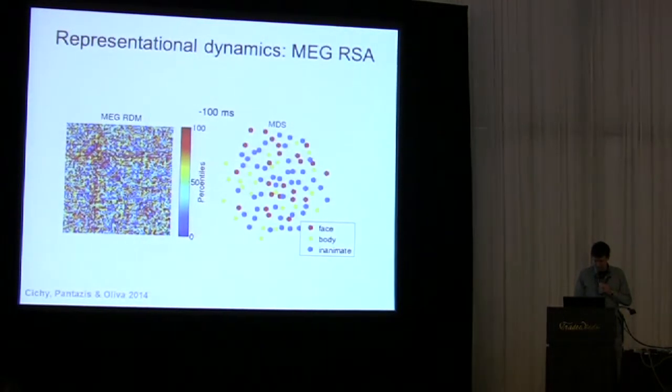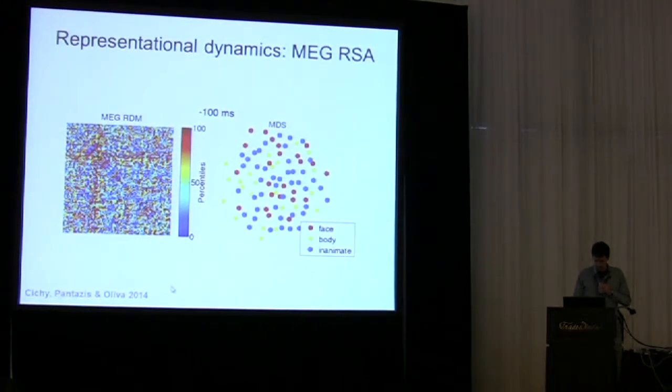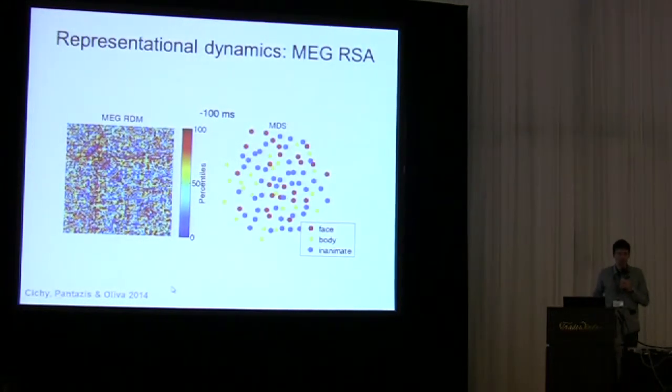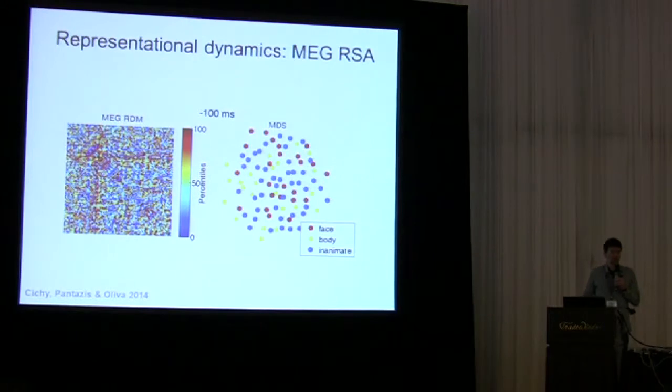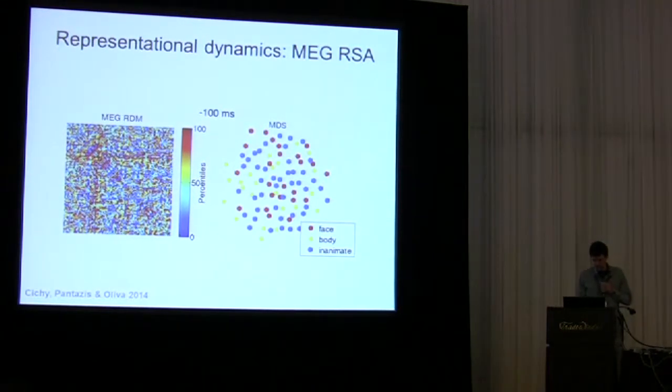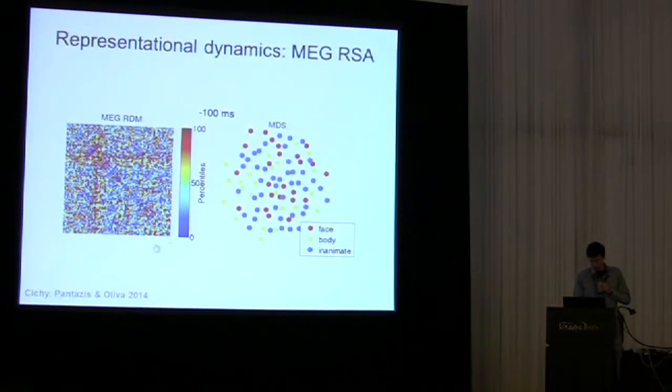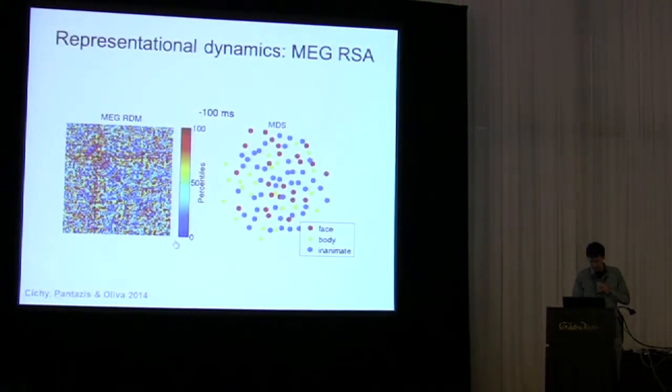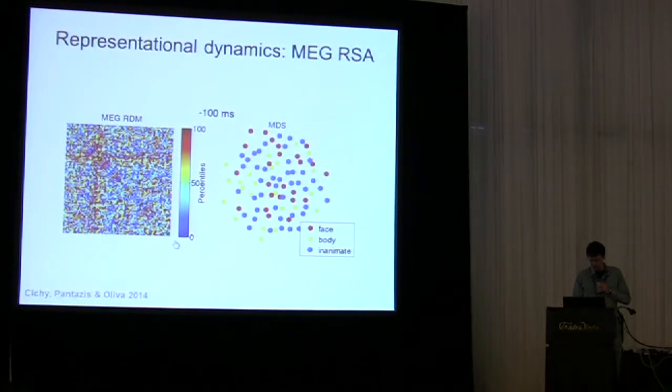Here's an example from another study by Radek Cichy, in which I wasn't involved at all. It was with Aude Oliva at MIT, and I want to show you this just because it's so exciting to me that you can look at the RDM as a movie based on these MEG data.